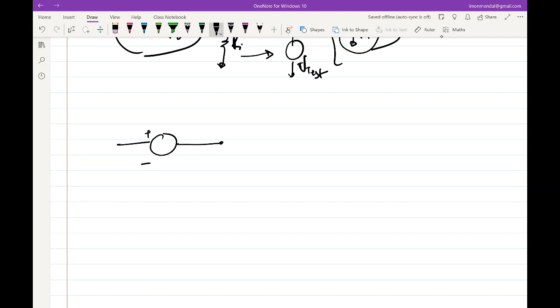And at the end of the previous lecture, we had replaced the integrator with the voltage controlled current source and a capacitor, and this was VE.